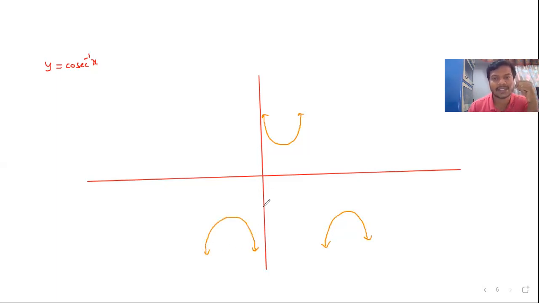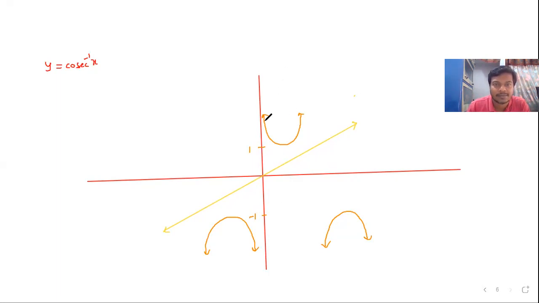Clearly it is minus 1. Here it is 1. Here it is minus 1, right? Now we have to select the symmetric graph about y equal to x, where the graph of y equal to cosec x is bijective, right? Only in that part we have to select. First select the bijective part.